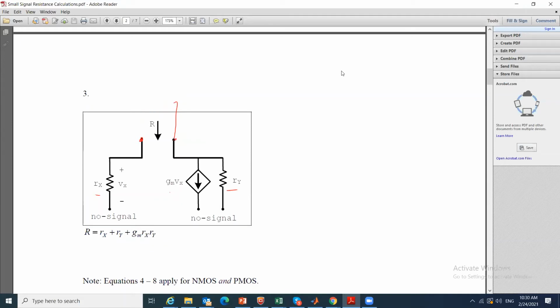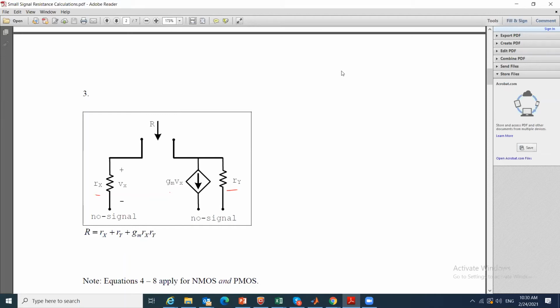Okay? So this is the resistance looking between two nodes, or if my capacitor basically is here and I'm trying to find its time constant. Is this clear that we can apply this rule for our reduced circuit for CGD? Anybody has any questions? Good.